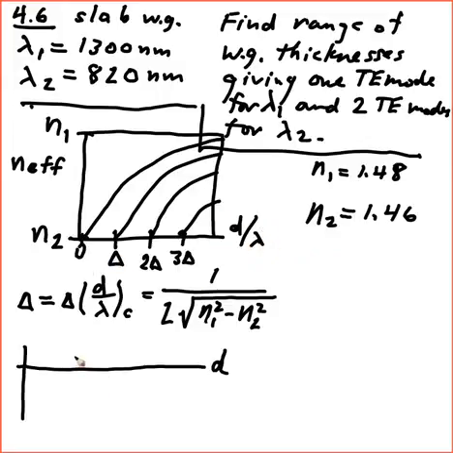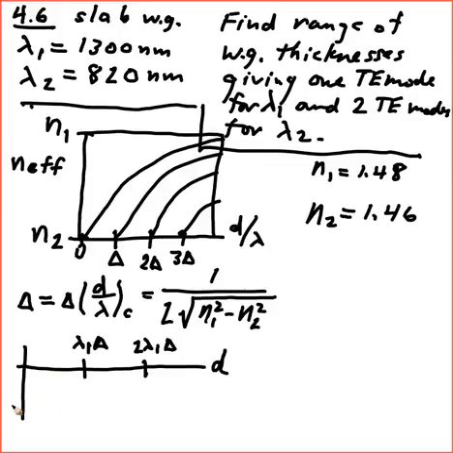So this is, say, lambda 1 times delta, and at twice this value we have 2 lambda 1 times delta. And so for d values less than lambda 1 delta, we have one mode for that particular wavelength.